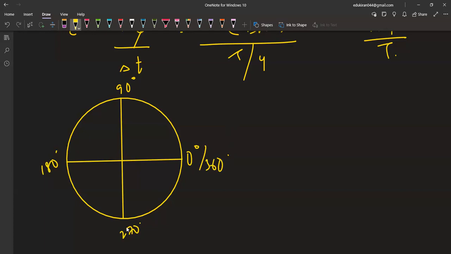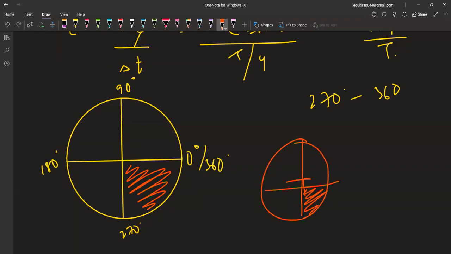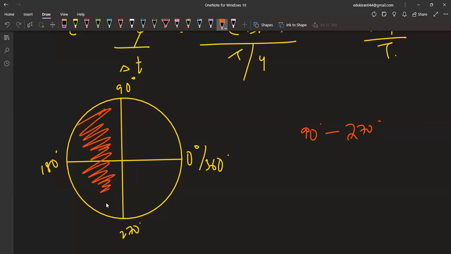Suppose if I give you from 270 degree to 360 degree, that is t by 4. Complete is t. I have divided t into 4 parts, so one part will be t by 4. If it is from 90 degree to 270 degree, that is half of total time, that is t by 2.